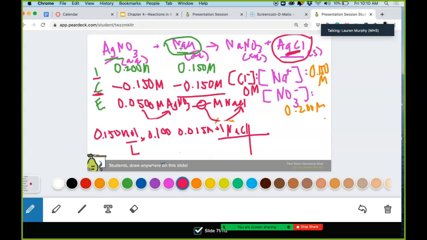For every 1 mole of sodium chloride that react, 1 mole of silver chloride is produced. And we can go look on the molar mass. 1 mole of silver chloride has a molar mass.